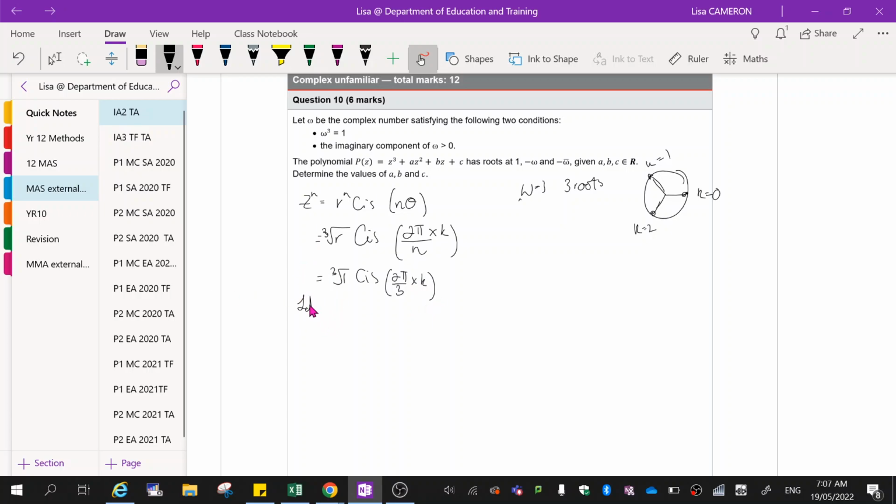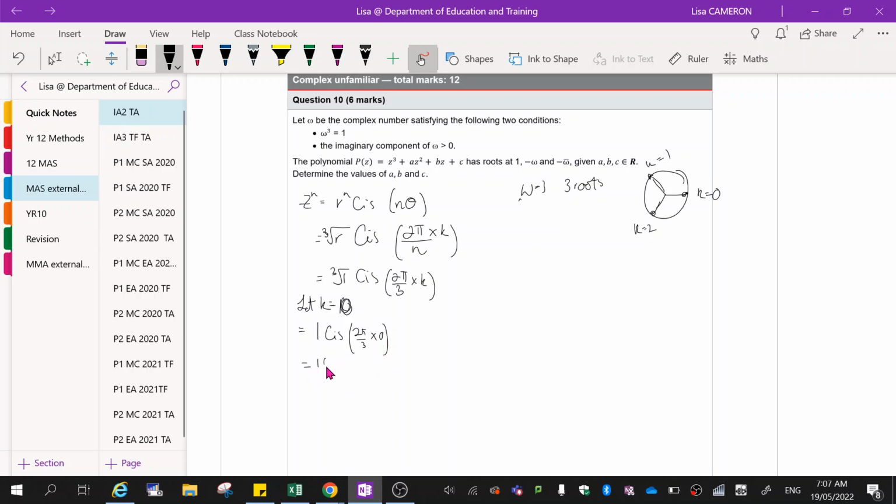So now we're going to let k equal 0 to get our very first one. So that's going to be 1, because 1 to the power of anything is just 1. So 1 cis 2 pi on 3 times 0, which is going to be equal to 0.